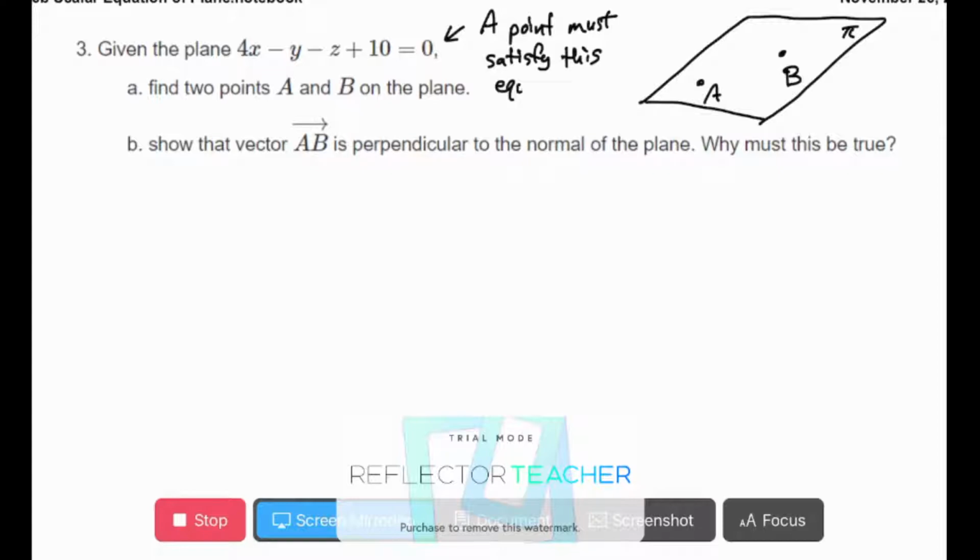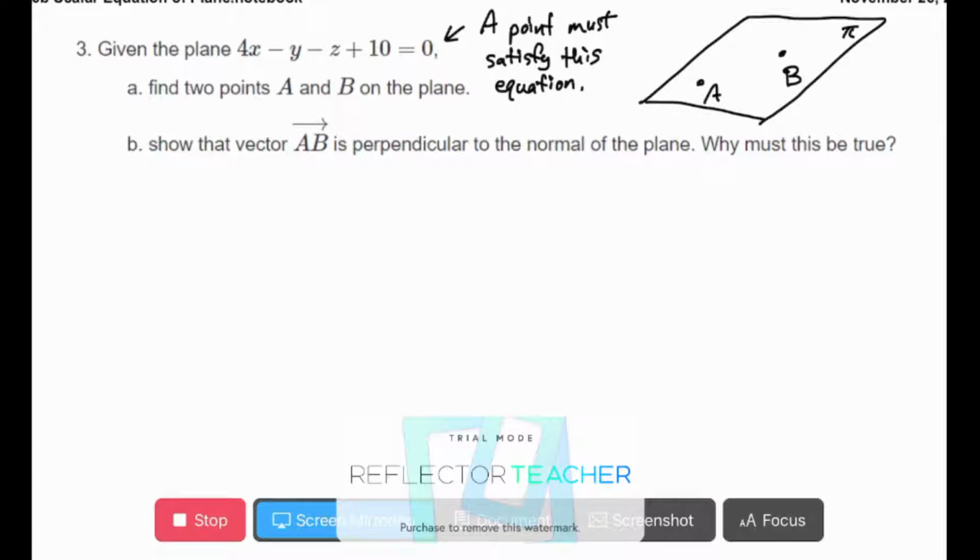Just like we've seen originally in grade 10 with linear equations or any kind of function, a point that exists on the plane or a point that exists on the line are values for x and y, or x, y, and z, that allow our equation to be true.